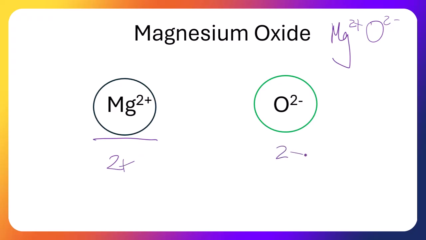When we were discussing the crisscross method, we said that anytime we had the same magnitude but opposite charge, we would always get a 1-to-1 ratio. So when no subscript is written, that means we have 1-to-1. So MgO.